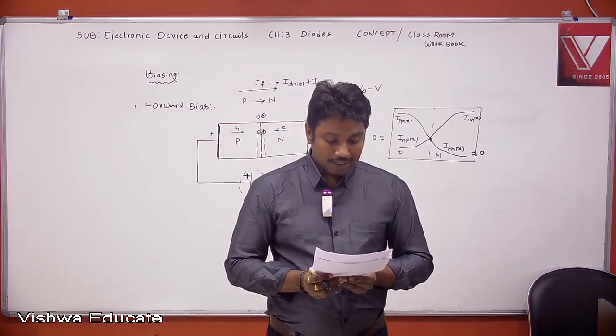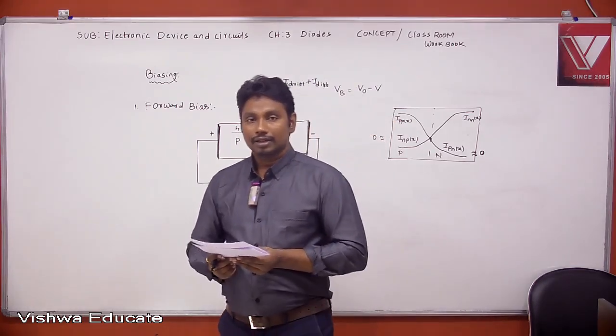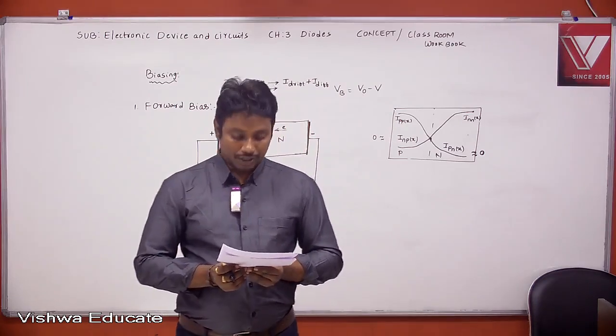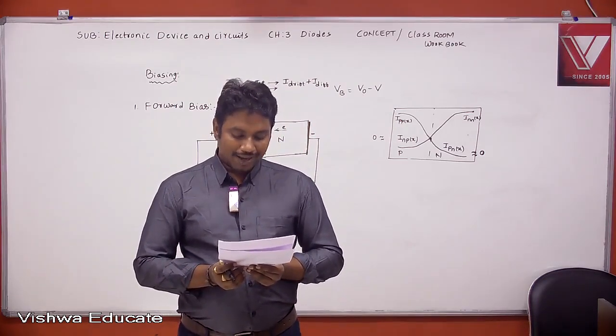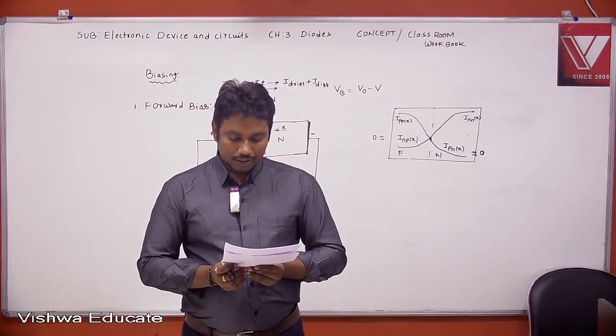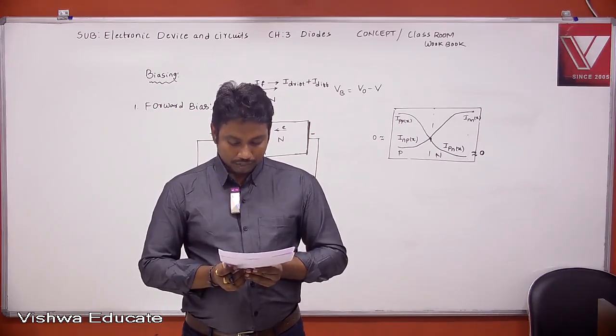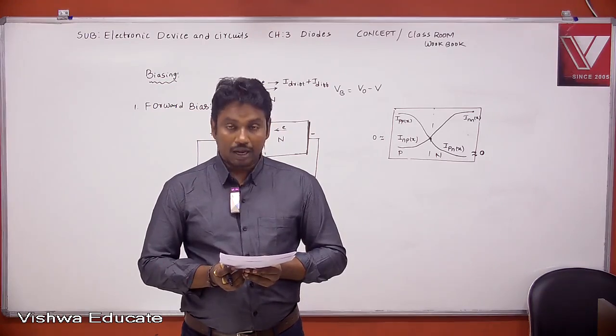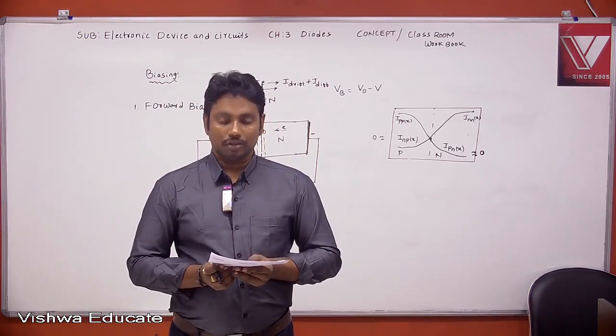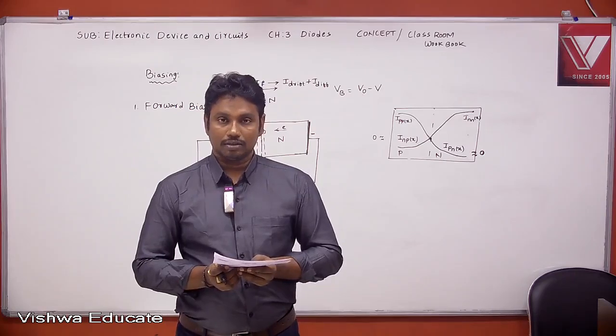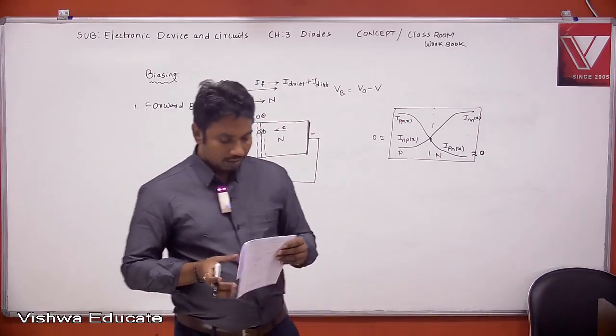Next, option C: extraction and subsequent diffusion and generation of minority carriers.